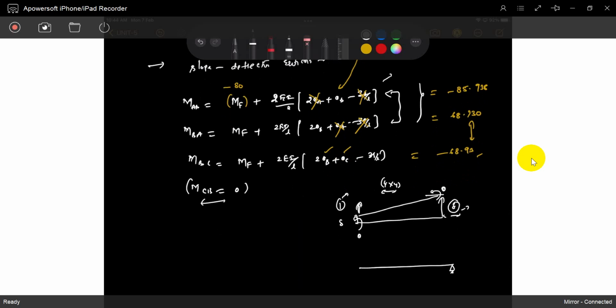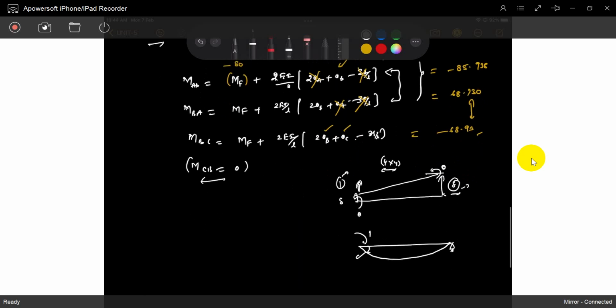If you give a unit moment here, you get L by 3A here and L by 6A there.